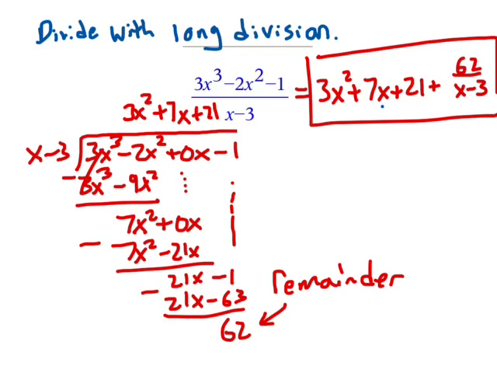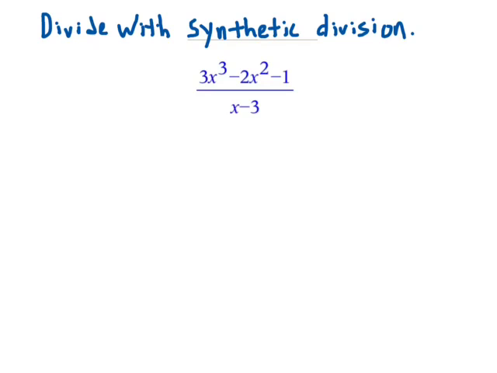Now let's see how this same problem works with synthetic division. Now to use synthetic division here, we're going to start off by taking our numerator here, and we're going to write out the coefficients, 3, negative 2. Now again, we need to have this x term, so we have a 0x hiding in there.